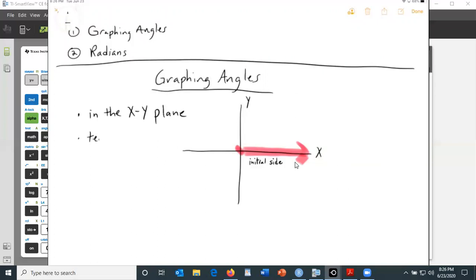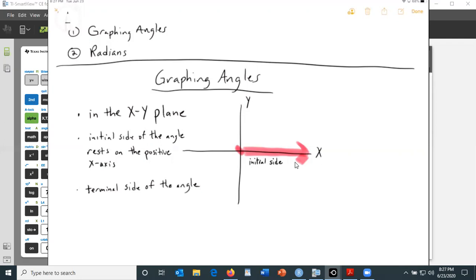So the terminal side, actually, let's go back. The initial side of the angle rests on the positive x-axis, which means to the right. And then the terminal side of the angle does one of two things.